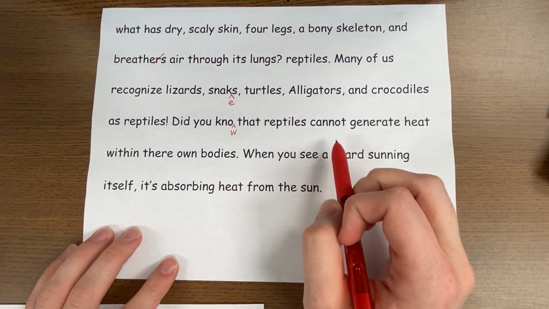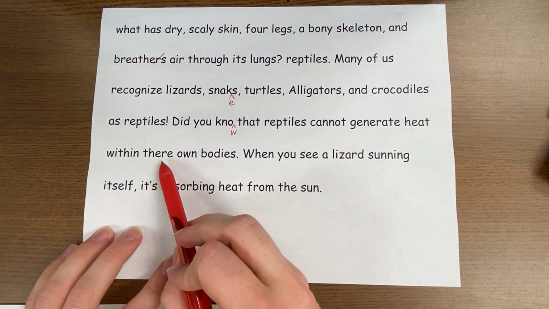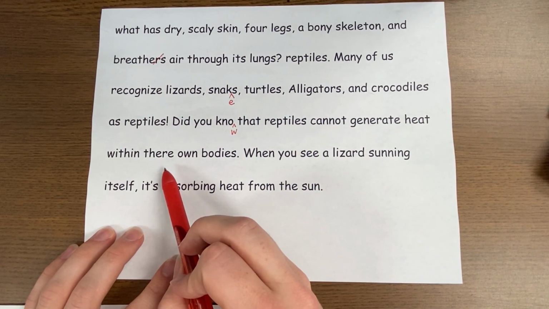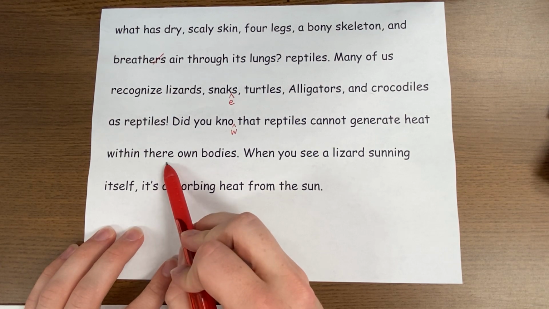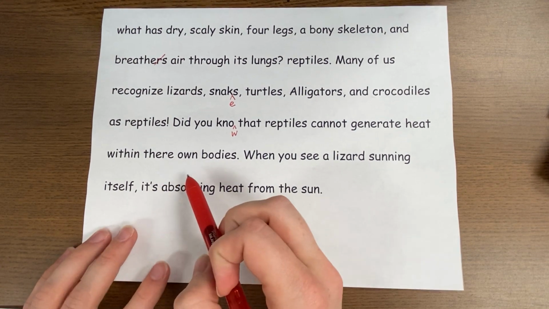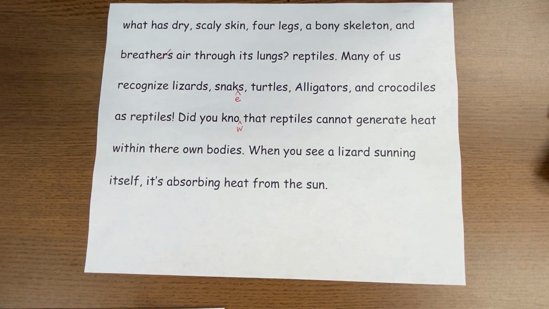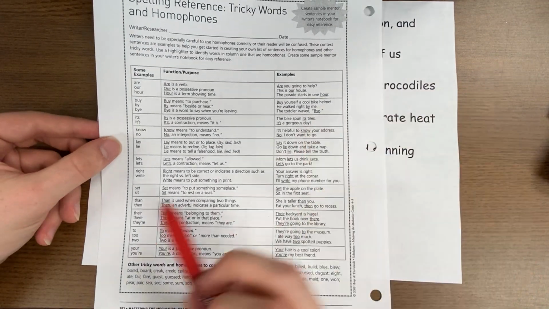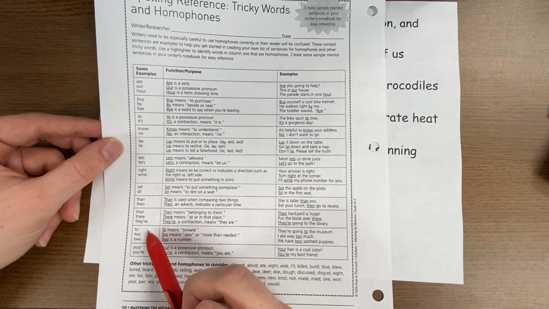As I keep reading, I notice that I have the word there, and I remember there is a homophone. I'm not sure if I used the correct form of there and just want to make sure. So I'm going to go to my tricky word list. When I go on my tricky words list, I see that there are 3 forms of there.